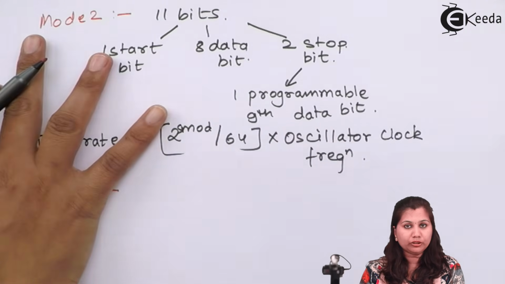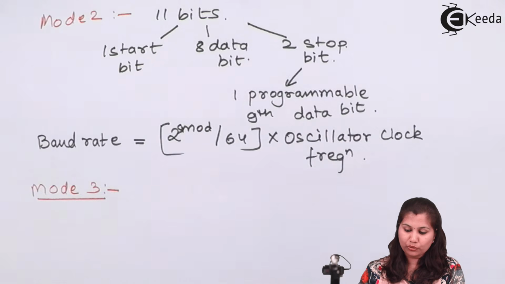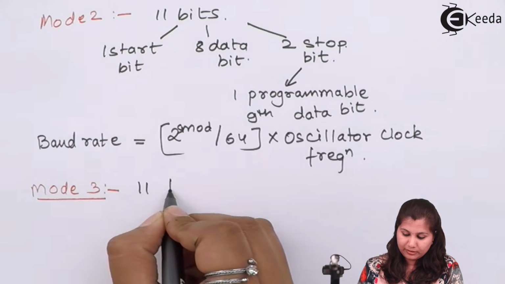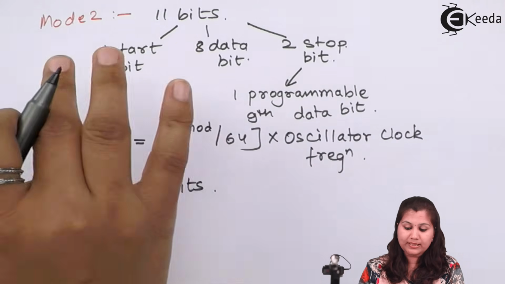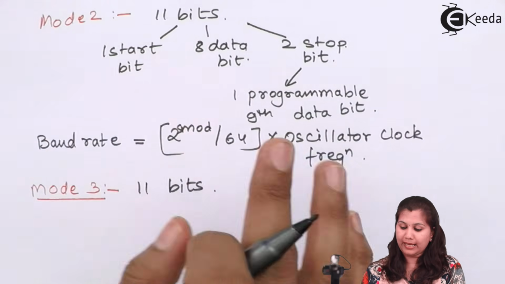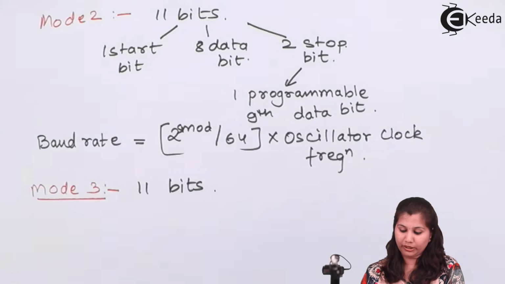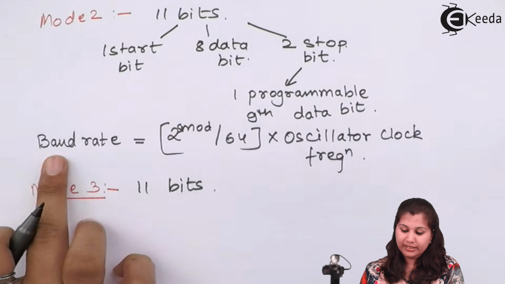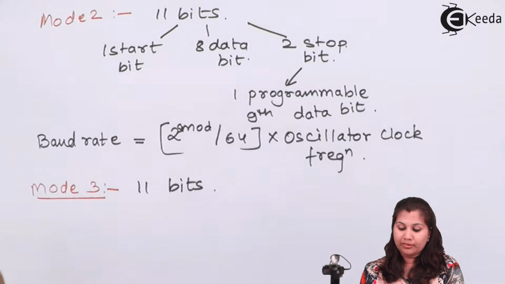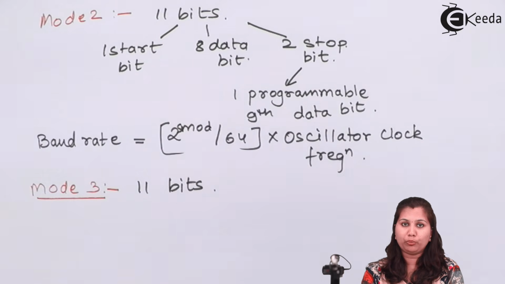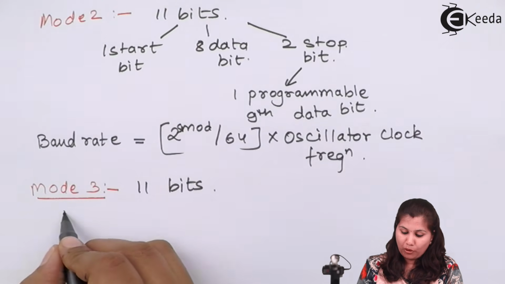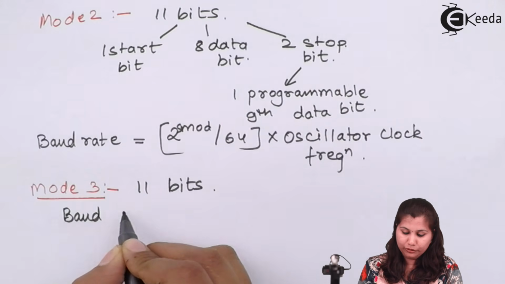Mode 3 is similar to mode 2. In mode 3 also we have 11 bits: 1 start bit, 8 data bits, 1 programmable 9th data bit and 1 stop bit. But the baud rate is not similar. The baud rate is calculated by the formula which we studied in mode 1, that is using the timer 1 overflow flag.